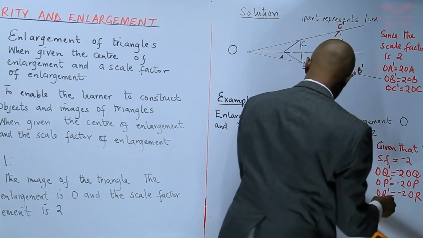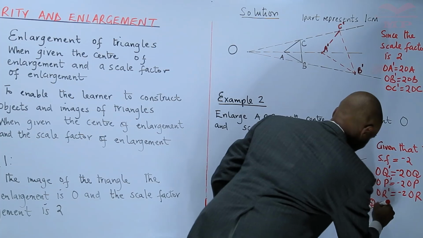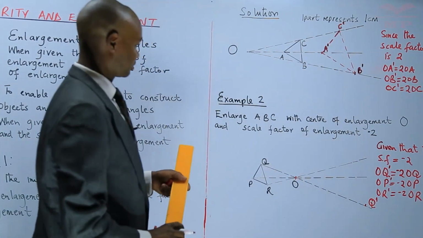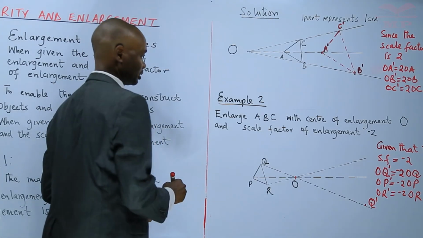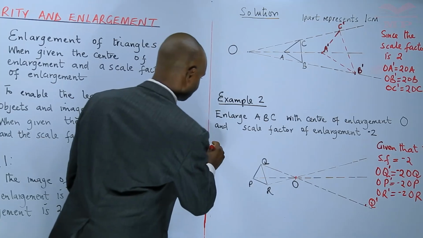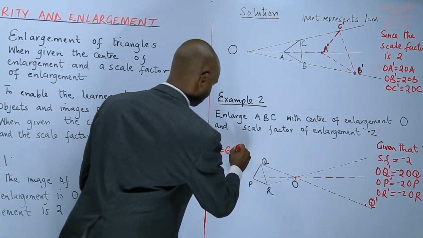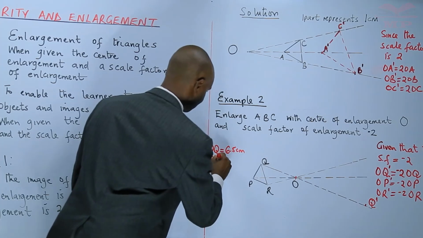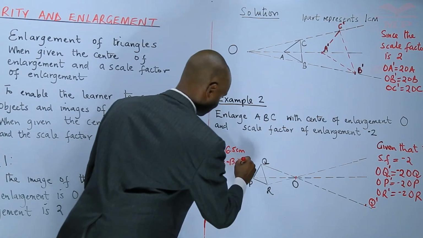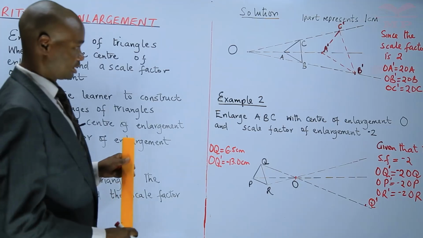So that will be Q. That is Q prime. So you can even come and say OQ is equal to 6.5 centimeters. OQ prime will be minus 13.0 centimeters. The minus just shows it is in the negative direction.